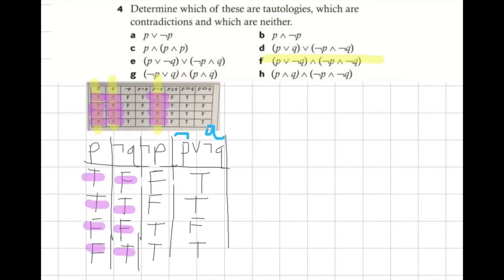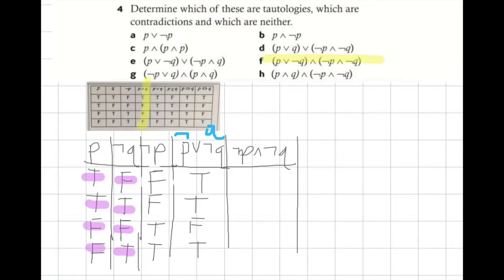Okay, next part, not P and not Q. I apologize for the sloppy writing. I'm trying to use one of those touch pens and it's difficult. Okay, so now we are looking at the AND column.